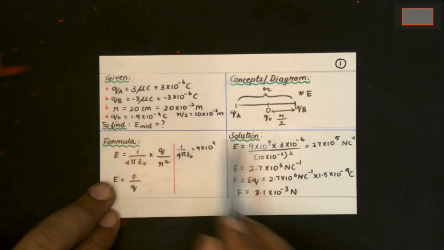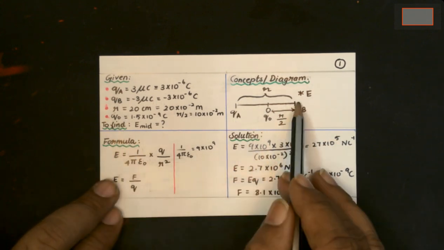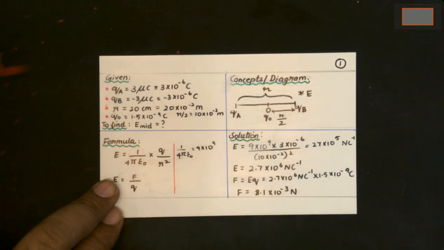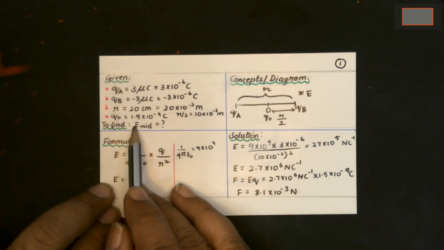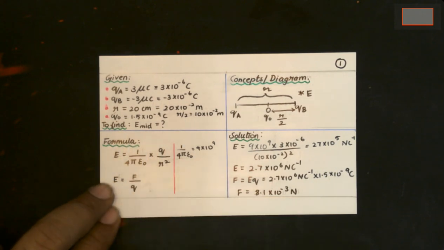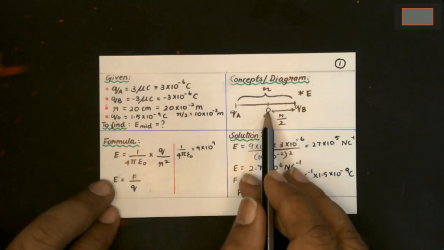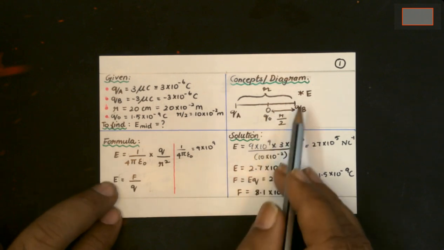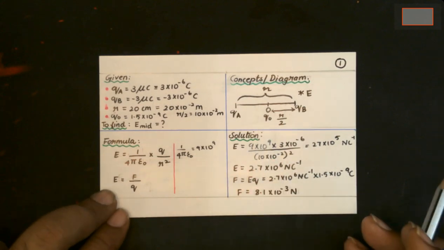Now based on that we have to find out the field. So the concept here is Q naught is in between the two charges QA and QB. So we have to find out the electric field at the middle. That is, it is not Q naught, you can put QO. So what could be the first thing? You have to find out the QO, that is in between QA and QB, and based on that we have to arrive at the answer.